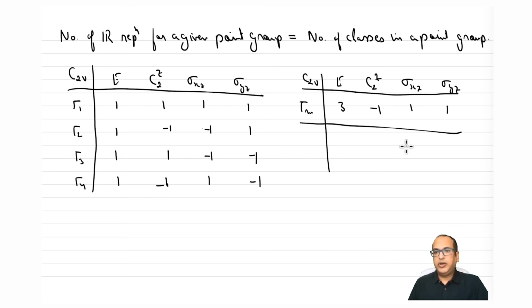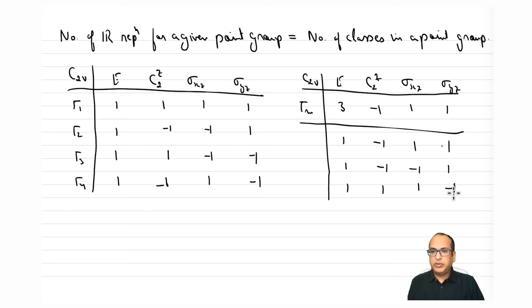And then by doing a simple trial and error method, you can divide this into sums of 3 irreducible representations, right? So 1, 1, 1, and this will be -1, -1, 1. This will be 1, -1, 1, and 1, 1, -1. I think this will not follow the rules of GMT, because there is only one negative, so this will amount to be the correct one, because 2 characters need to be positive and 2 characters need to be negative.